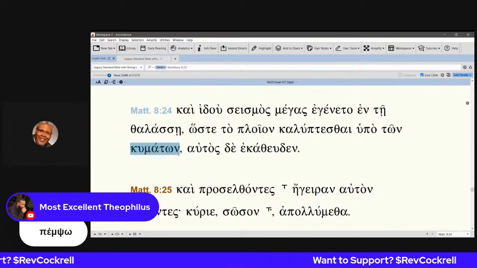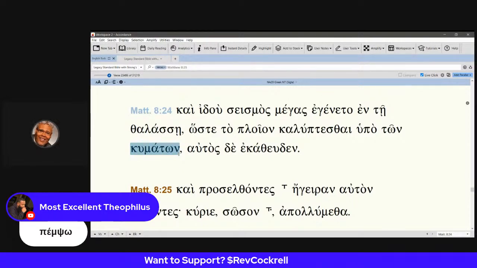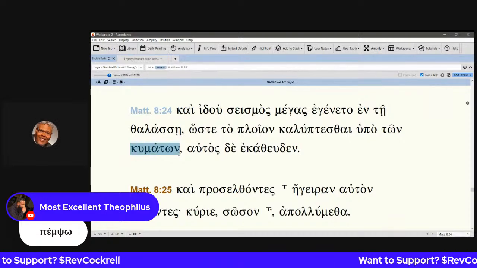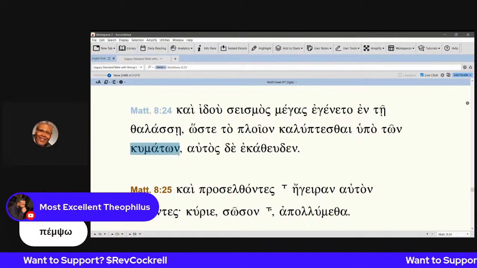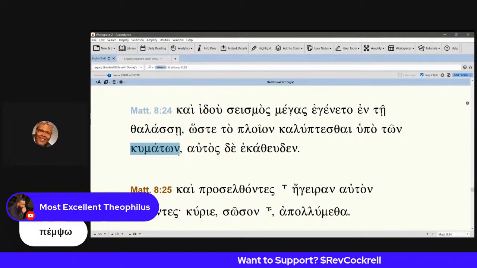The waves are covering. They're swamping the boat. It's a present passive, and so it's habitual. It's not just one wave. It's continual waves splashing onto the boat. It's filling up the boat.